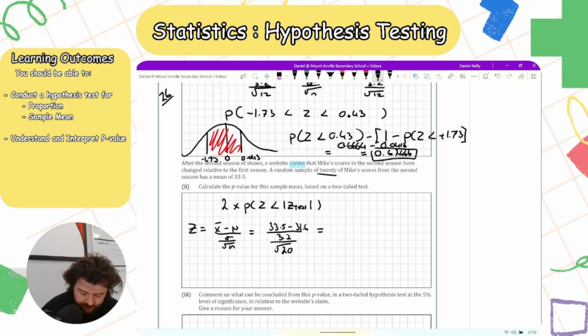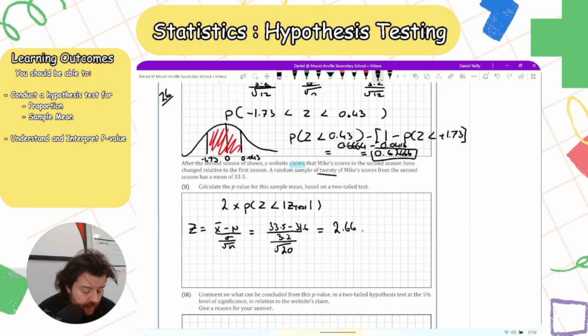Right, so it's going to be 33.5 minus 31.6 over 3.2 over the square root of 20, which is roughly equal to 2.66.